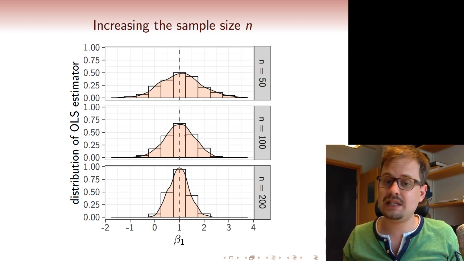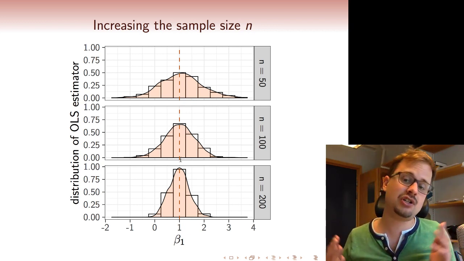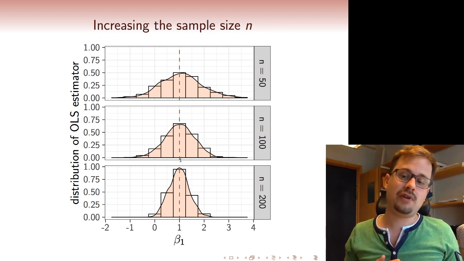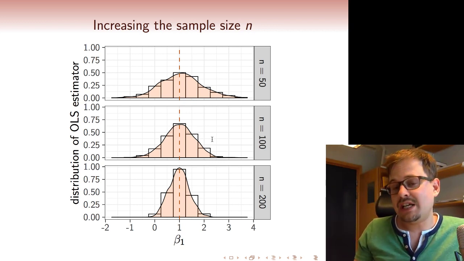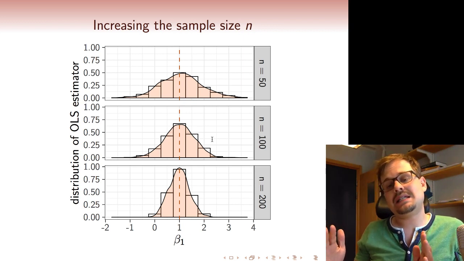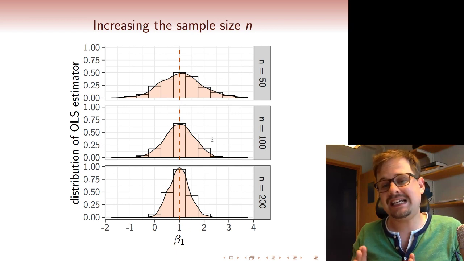As we can see, the distribution is still centered at 1, at the true value. Very nice, but also not unexpected, because we know that unbiasedness is a general property of the OLS estimator under certain assumptions. But what does change is that as we increase the sample size, the distribution becomes less spread out, and it concentrates more tightly around the true value.